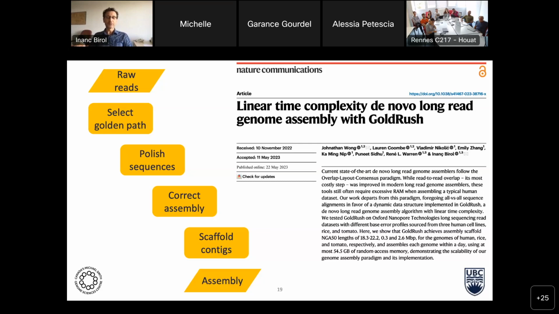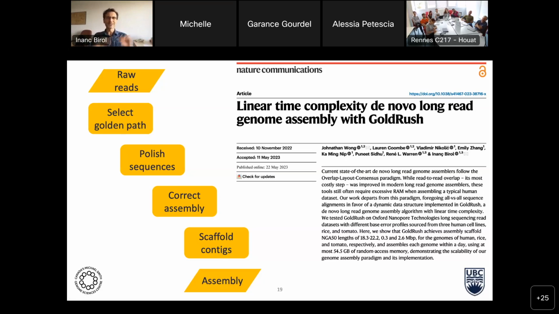So the problem that we wanted to solve, harking back at the Human Genome Project and the approach that they used, was to select golden path reads out of the many millions or hundreds of millions of reads that are generated by these instruments.